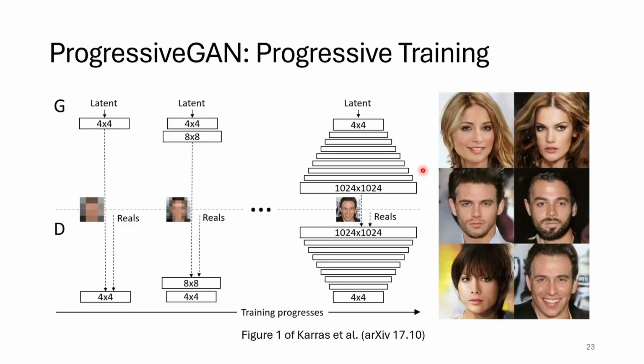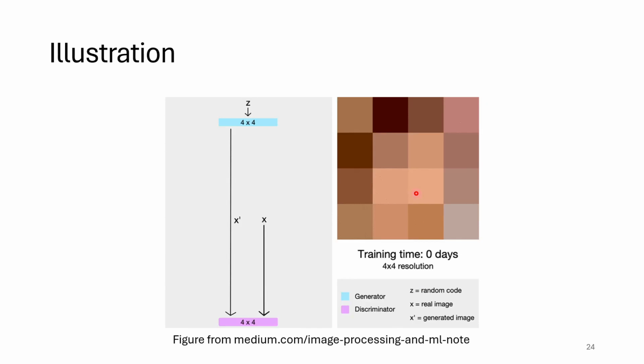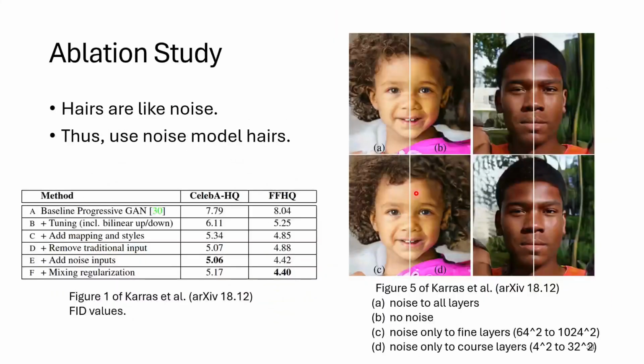This is the fine layer, the high-resolution layers. If they use noise only in the high-resolution layers, they generate something that looks like this. They generate some details, but overall it's still smooth. If they use noise only in the coarse layers, we will see the result.